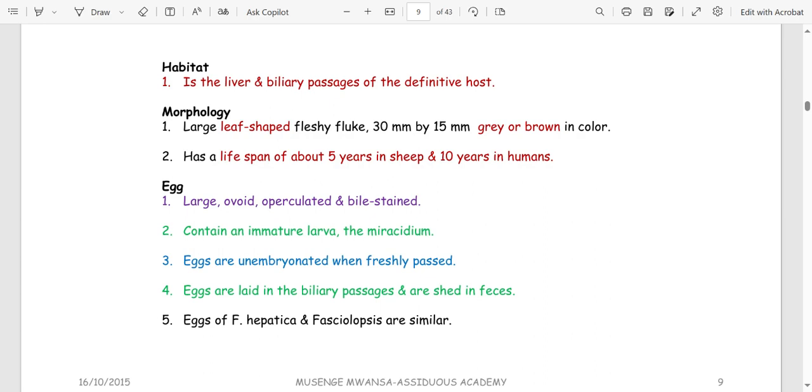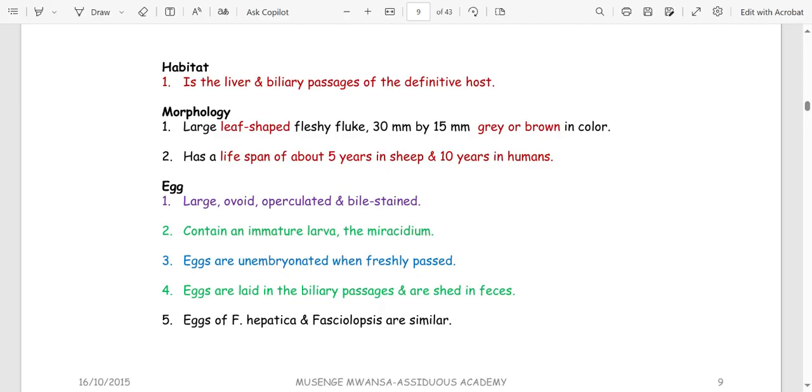And then the eggs of Fasciola hepatica are large and ovoid. They have what we call the operculum. This is like a surrounding shell. So they are operculated and they can be stained by bile. The egg of Fasciola contains an immature worm, which is the larva. It's immature and we call it the miracidium.